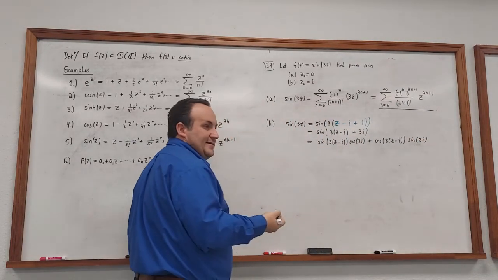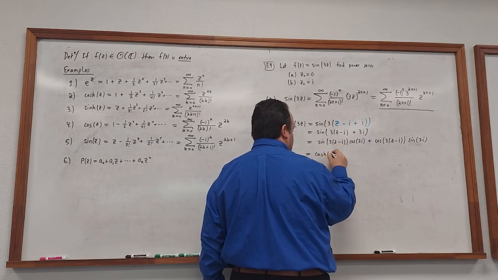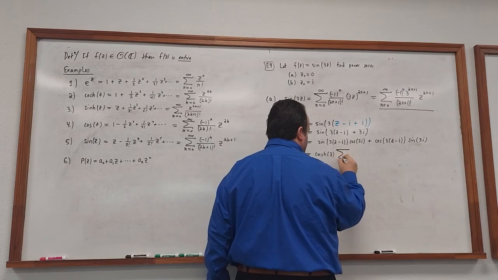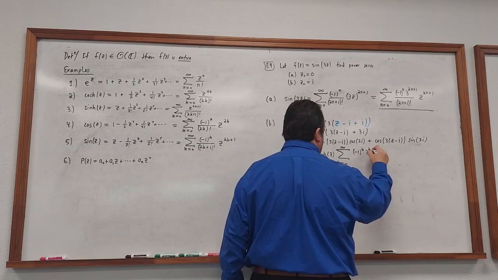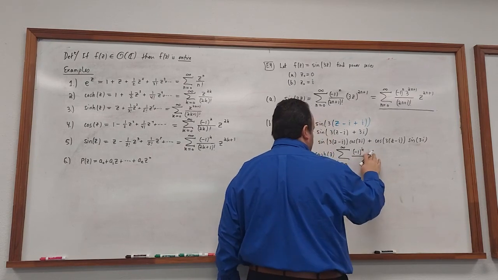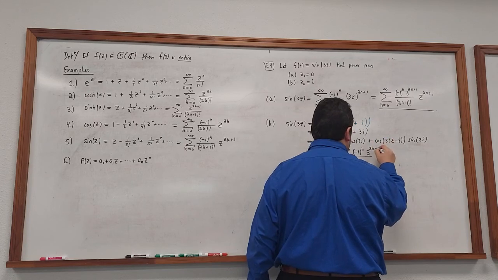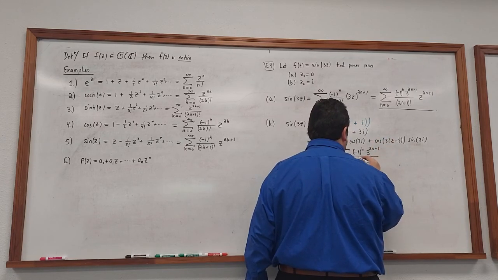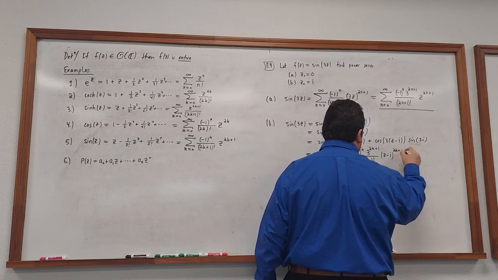What's the cosine of 3i? That's cosh 3. So what do we got? We got cosh 3 times the sum, k equals 0 to infinity, of minus 1 to the k, 3 to the 2k plus 1 over 2k plus 1 factorial, z minus i to the 2k plus 1.